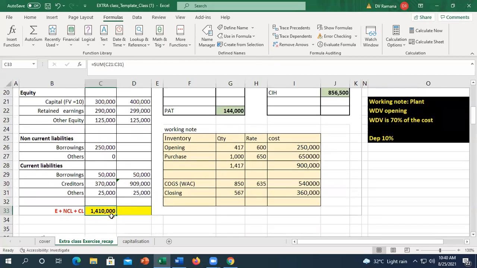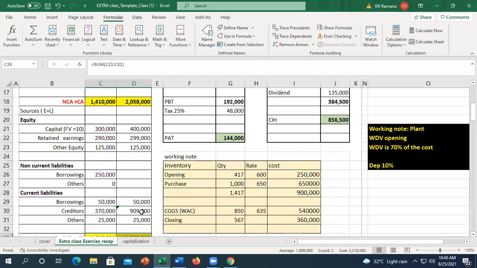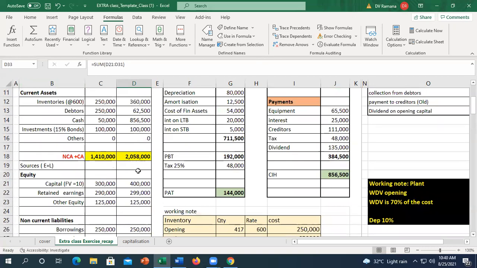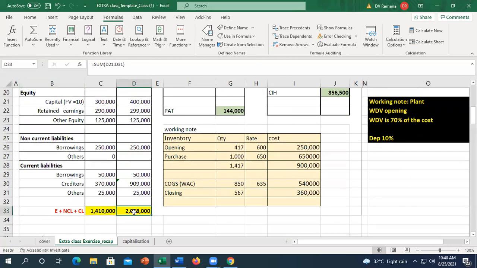So our assets should be equal to the equity and liabilities, right? So assets are 2.0 million, 0.5 million, which is equal to non-current liabilities, equity, and current liability.